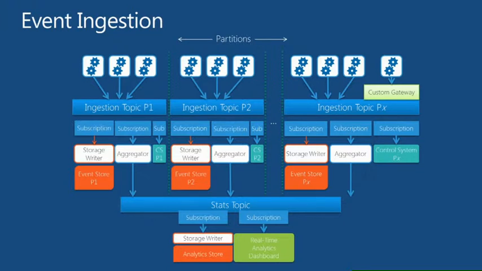Now, let me talk about the connections that are sitting up on top of those ingestion topics. The connections here can be made very easily through HTTP, or to be precise, HTTPS, to just drop packets into Service Bus. It's very simple.